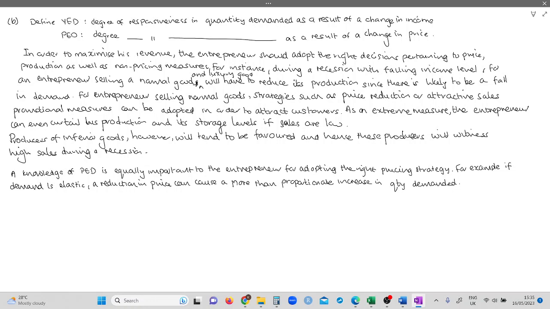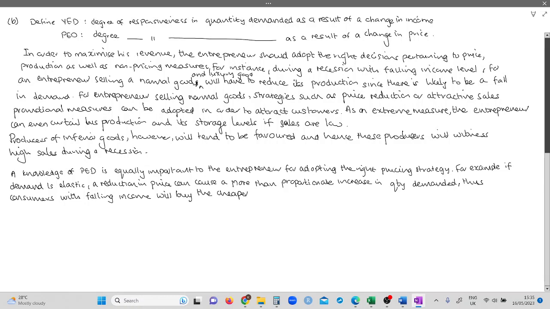You also have to consider what other producers, other competitors, are doing. Thus, consumers with falling income will definitely buy the cheaper product.